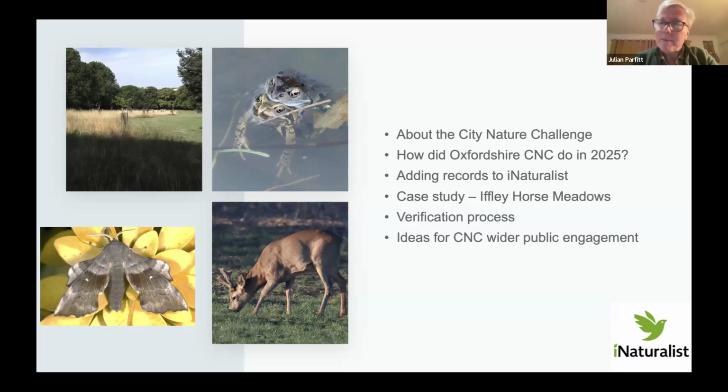And that's quite revealing in terms of the way in which iNaturalist verifies records and assesses them in terms of quality. So then, having run through all of that, how do we make recording nature more accessible to a wider public, which is the point of all of this in terms of the City Nature Challenge?